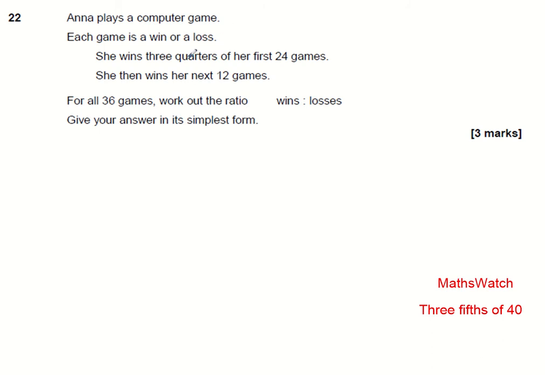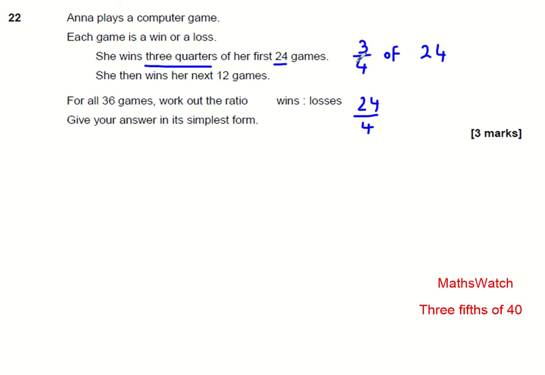So first of all, she wins 3/4 of the 24 games. Well, to find 3/4 of something, we have to divide 24 by the bottom, so that's 3/4 of 24 means that we're doing 24 divided by 4.